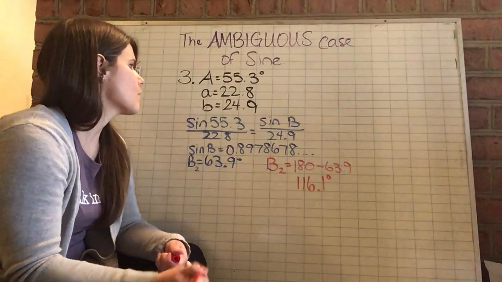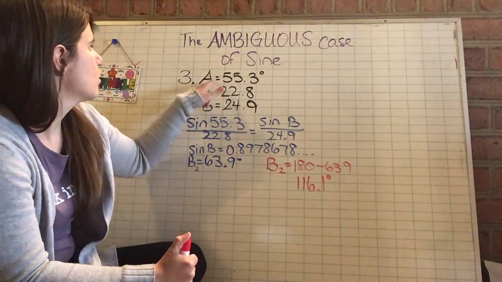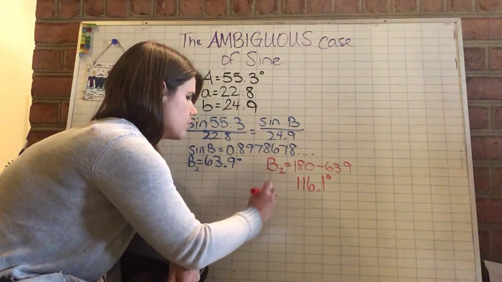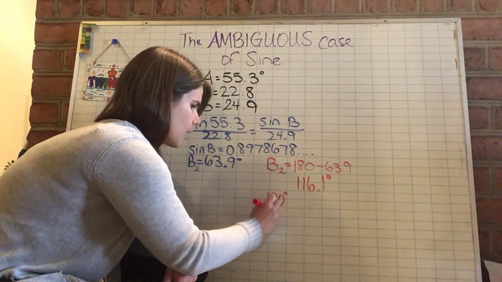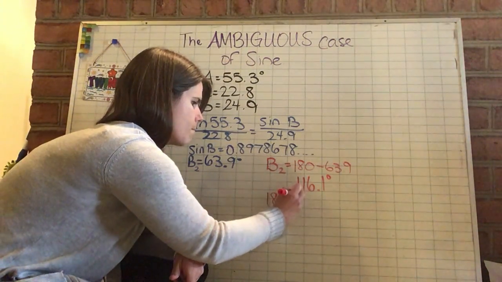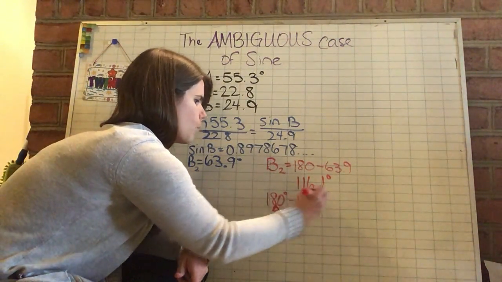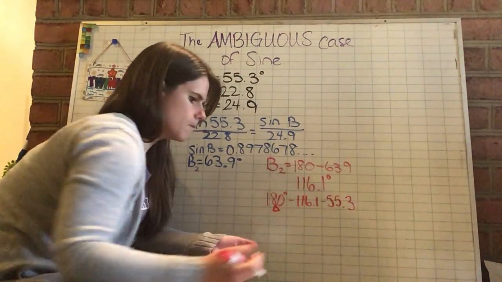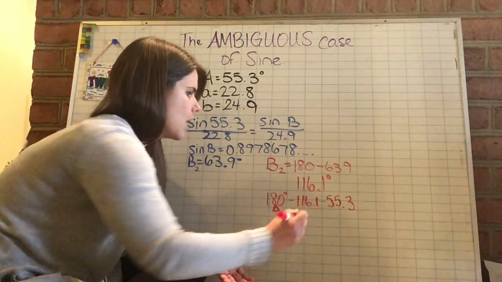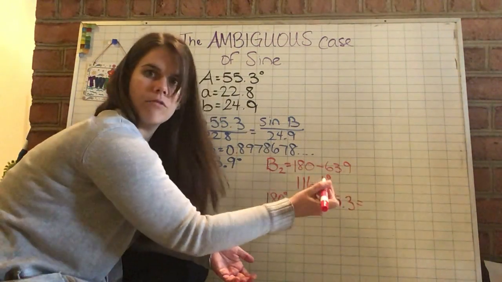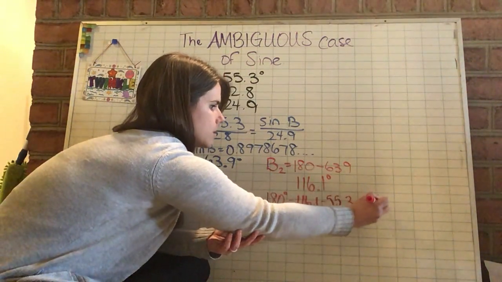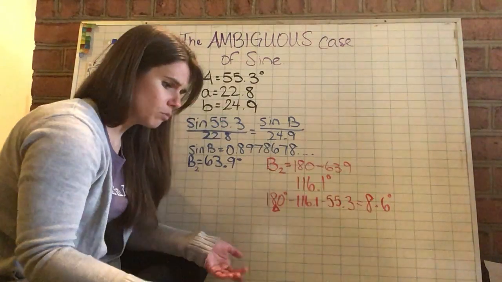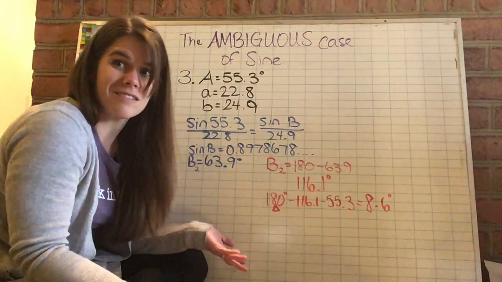All right. So in order to verify that we can have this as our second angle, we have to check that. We have to say, well, if I have 180 degrees because of a triangle, minus 116.1 minus 55.3, what do I have left? In this case, I have 8.6. So that is a really small angle, but it works.